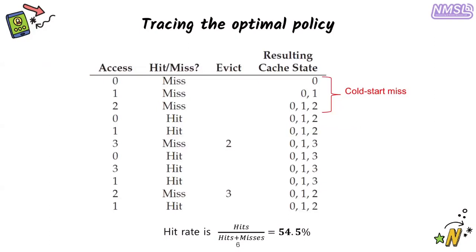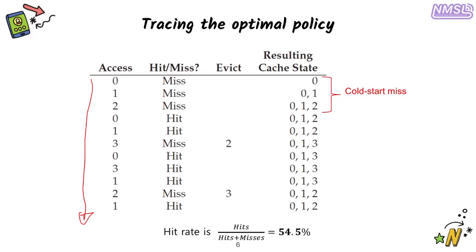So for the optimal policy, let's use an example. This is the access sequence. Let's say we have three available pages in the cache. Initially there's nothing, the cache is empty.